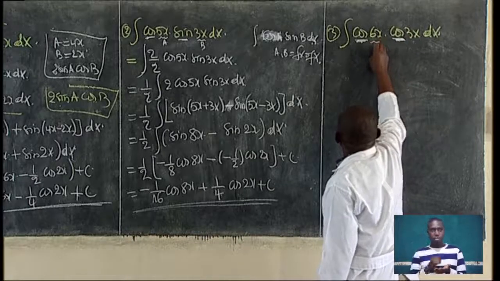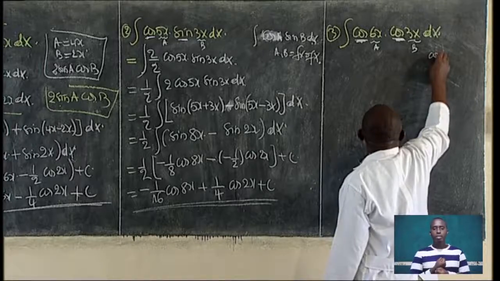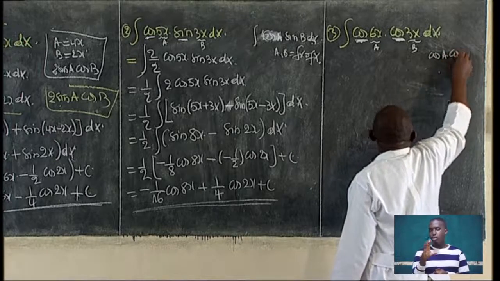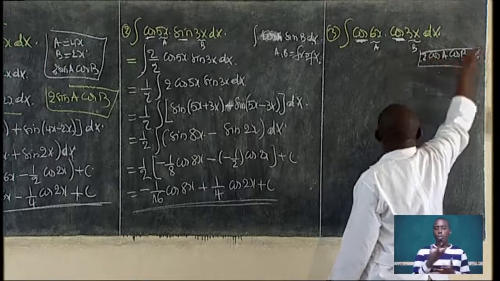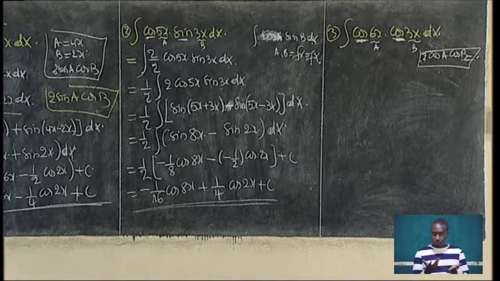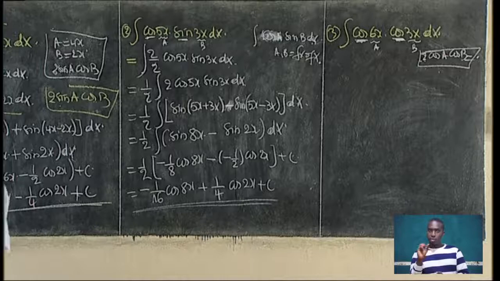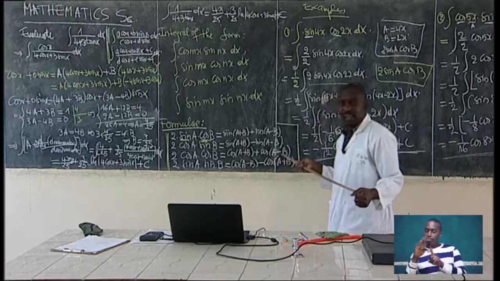So this will be A and this will be B, and you have cosine A, cosine B. Which formula can you apply? You see, 2 times cosine A times cosine B is equal to cosine A plus B plus cosine A minus B.